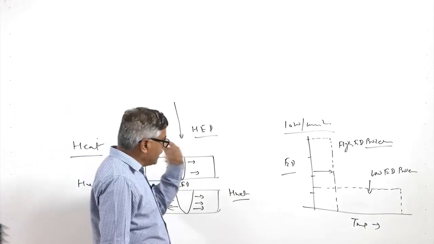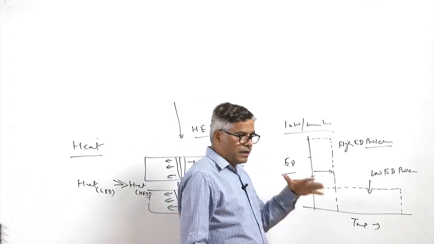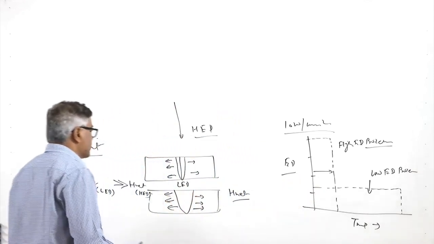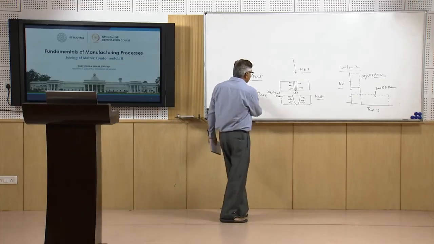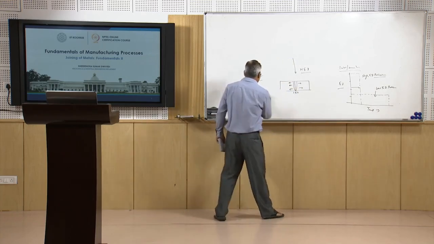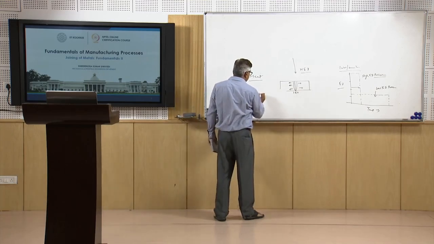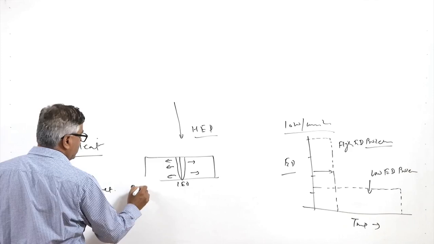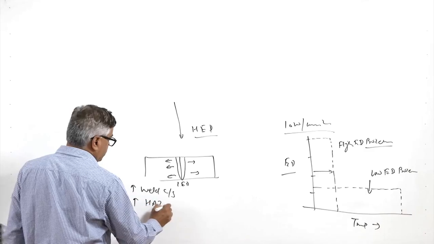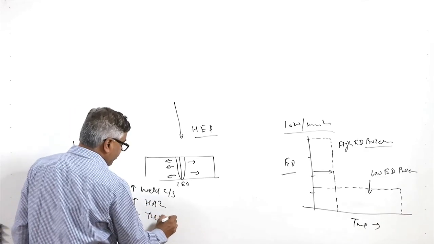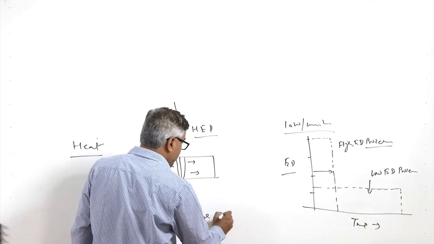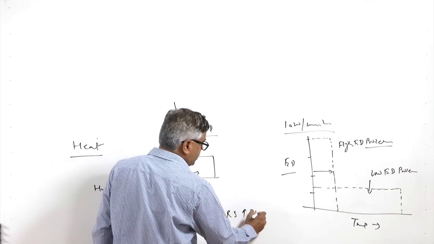So the time for which heat is delivered to the base metal matters a lot in terms of the amount of heat required, because a lot of heat is dissipated to the base metal, and that causes a number of effects. Increasing the H net increases the weld cross sectional area, it will increase the heat affected zone size, and it will increase the thermal damage to the workpiece in terms of increasing the residual stresses and the distortion tendencies.